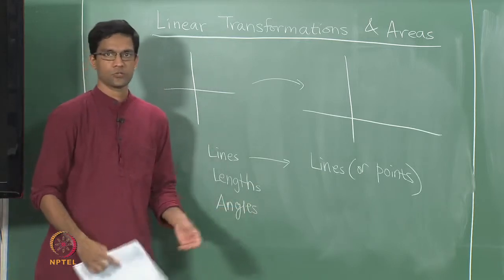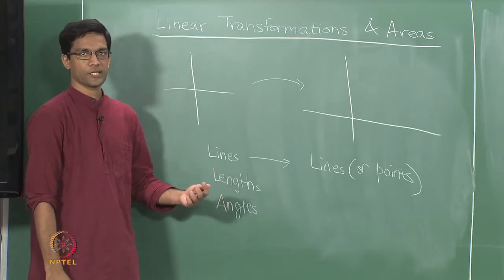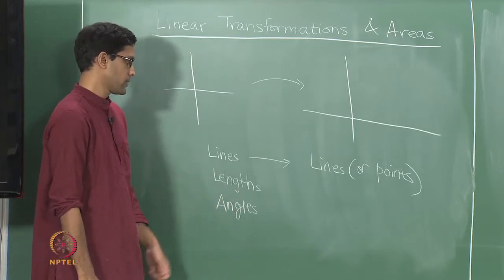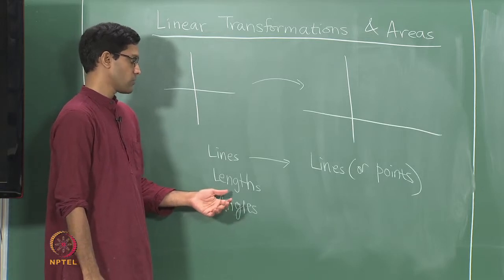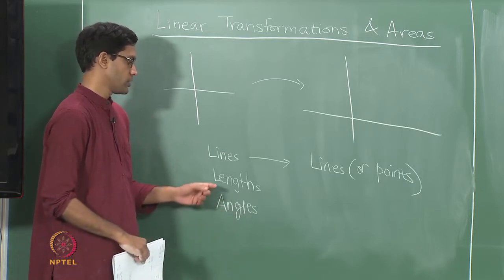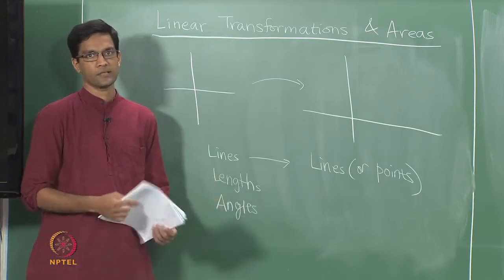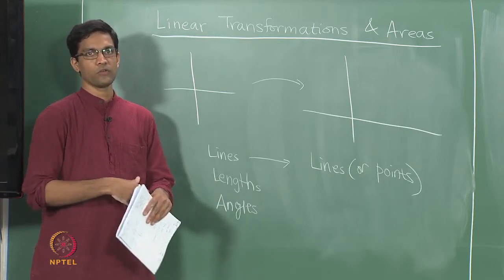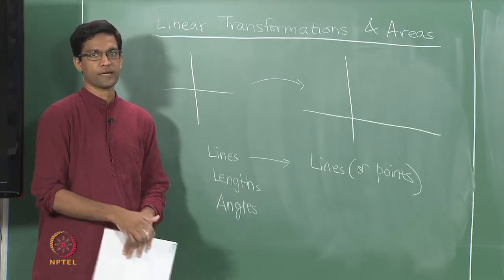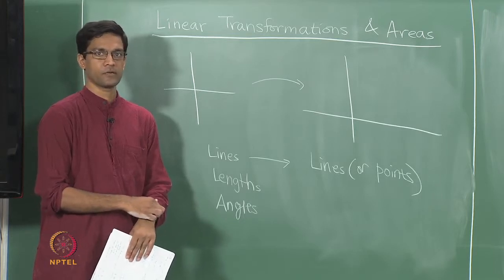Now the answers to these questions, at least, we know through the various examples that we have looked at before. There are instances of linear transformations which preserve lengths, and there are others which might uniformly increase length by some factor, and yet others which might do neither of these.